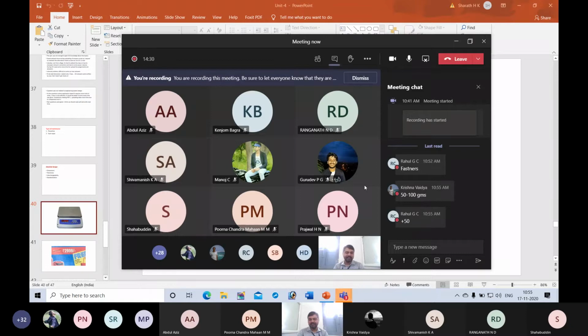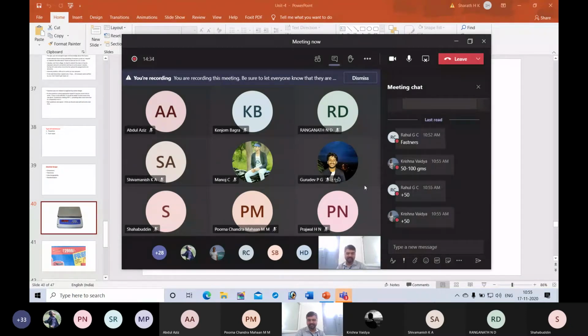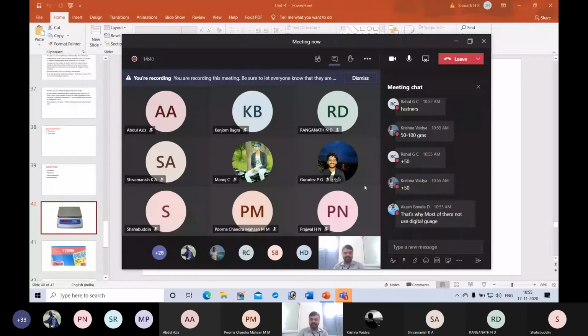Krishna Vaidya, are you ready to take it if it is 950 grams instead of 1 kg? Plus 50. That's why most of them do not use a digital gauge. That is a separate discussion.